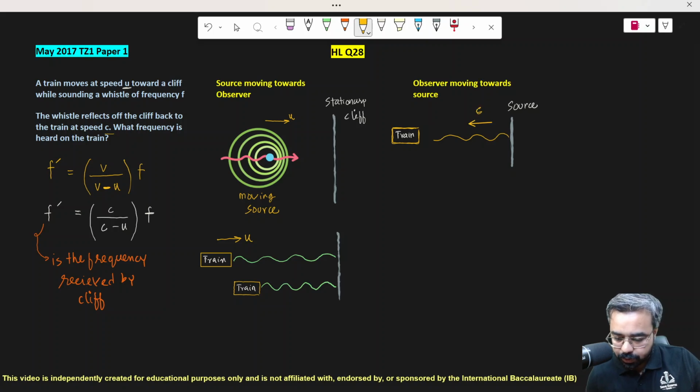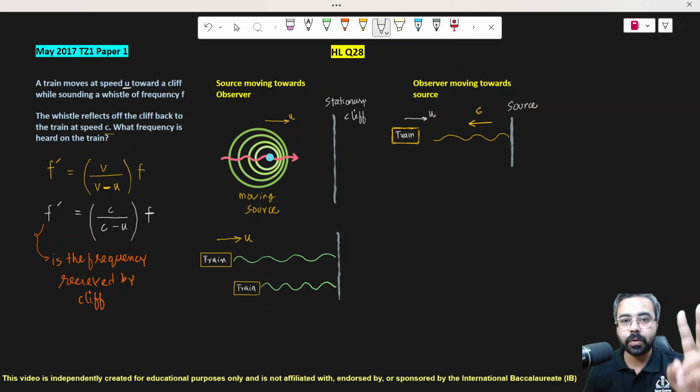So the speed of the sound is c, whereas the train is still moving with the same speed u. So there will be once again another Doppler shift. And in this echo, as I told you in the beginning of the video, there will be two Doppler shifts in a single echo. So what is the frequency that is received by the train? Let's call it f double prime.